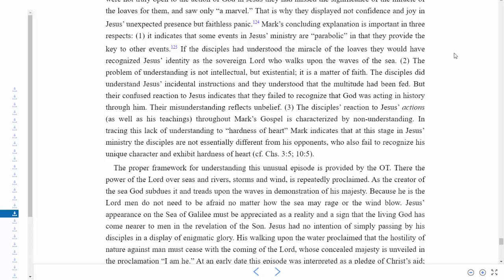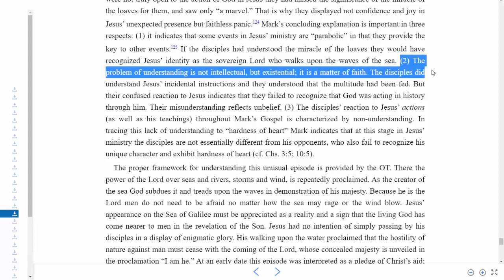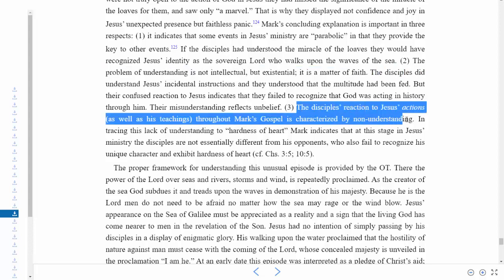As I read over the material that Professor Lane presents here, insights concerning the hardness of heart begin to unfold here at point 2, when he says the problem of understanding is not intellectual but existential. It's a matter of faith. Number 3 again, disciples' reaction is one characterized by not understanding.